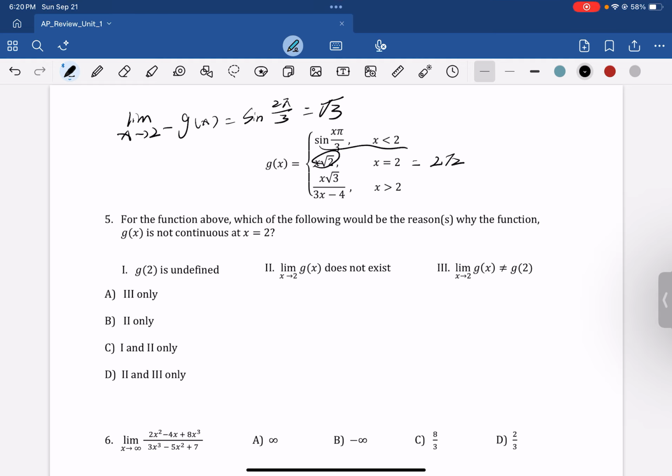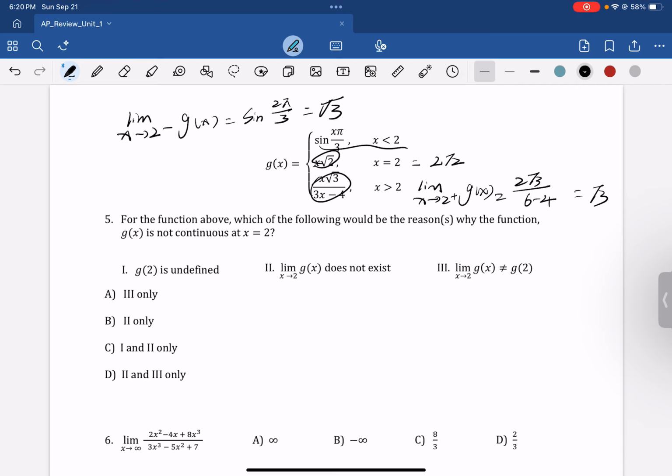For the last one, the limit as x approaches 2 from the positive side, the right-hand side, goes to this one. So it becomes 2 root 3 over 6 plus 6 minus 4, which is root 3.